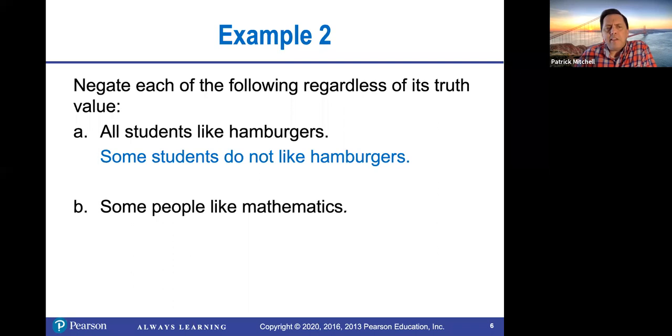So if you think about the statement, some people do not like mathematics, well, unfortunately, that's also true. Okay, so that cannot be the negation of some people like mathematics. If you disagree with the statement, some people like mathematics, that means you believe that nobody likes it, okay? So think about that, all right?